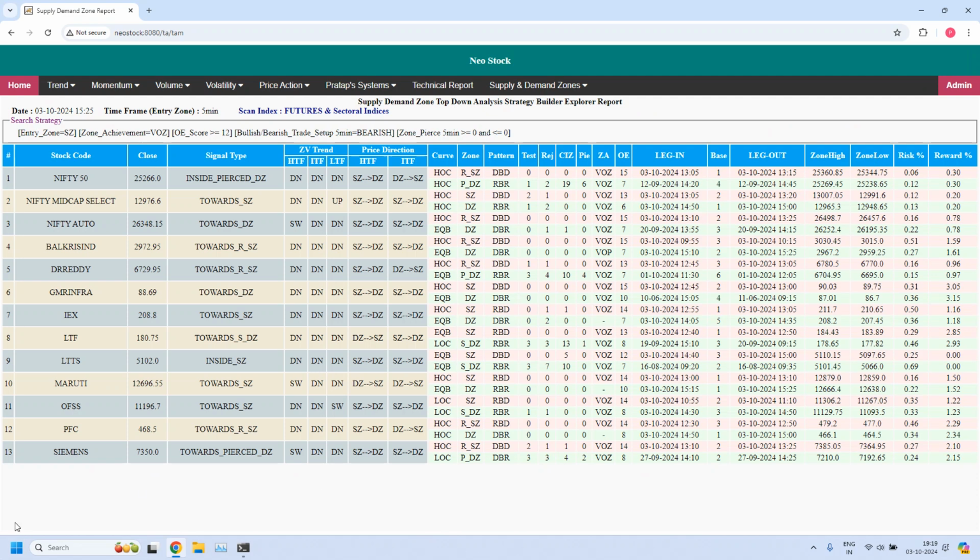13 stocks are filtered. All these 13 stocks are currently supporting bearish trade setup for hourly income trade. Let's verify how many of these stocks are having ITF confluence. This supply zone confluence.